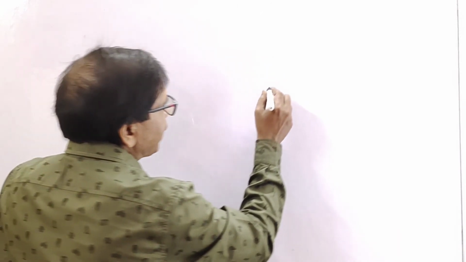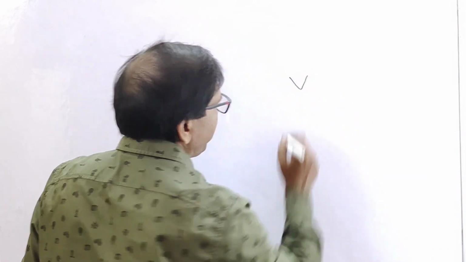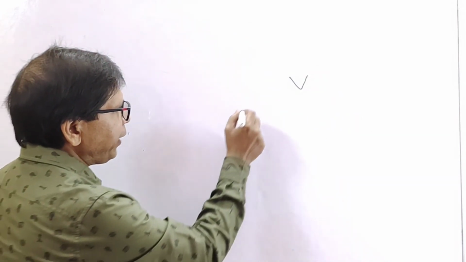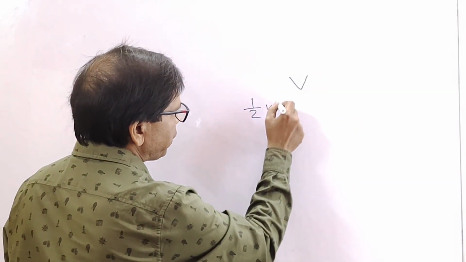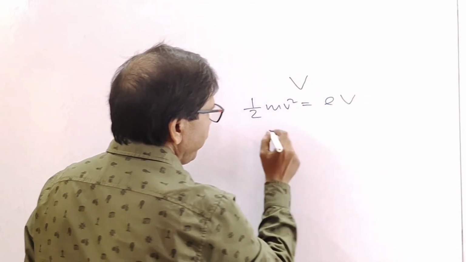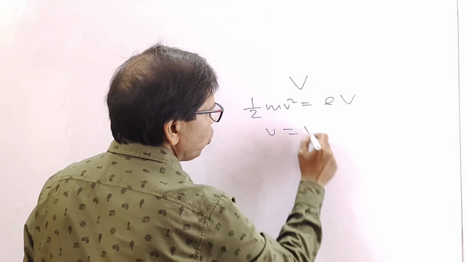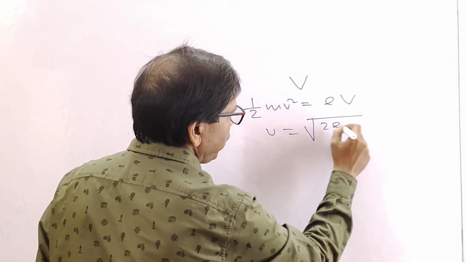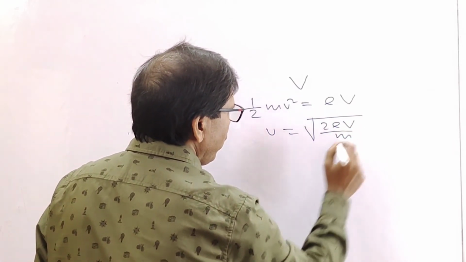Now wavelength of electron: an electron is accelerated through potential difference V, so its kinetic energy half mv square is equal to eV, therefore v is equal to root under 2eV by m.